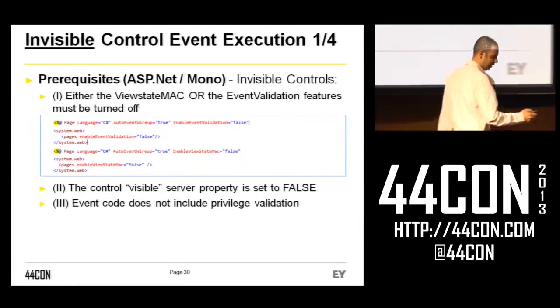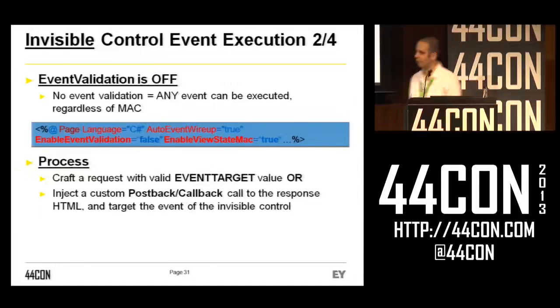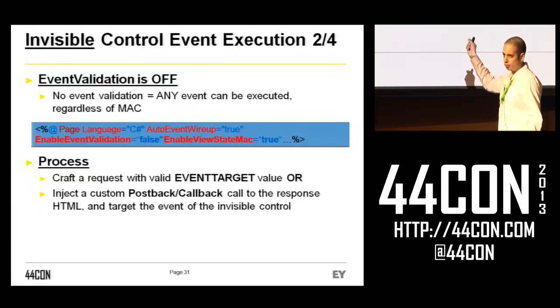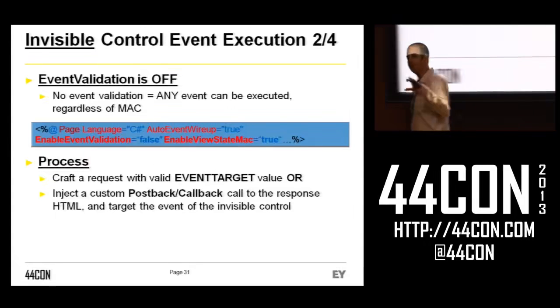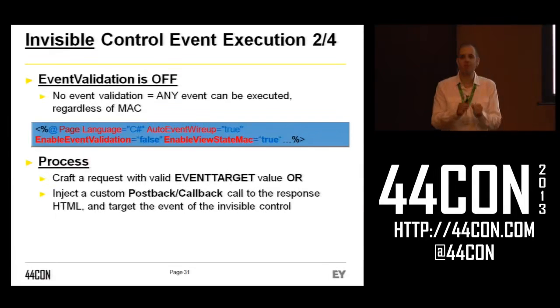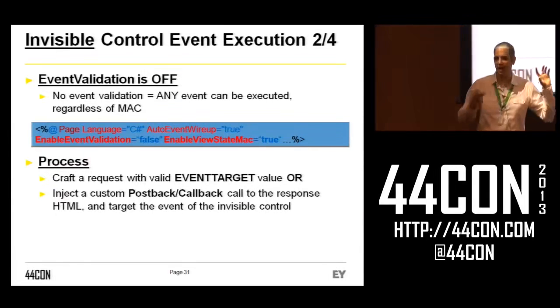As I mentioned earlier, when the event validation is off, the developer simply turns a simple flag to a false state. And developers actually do that a lot, because the event validation, although it's pretty useful, can make a couple of problems for developers, especially if they want the client-side controls to be interactive.